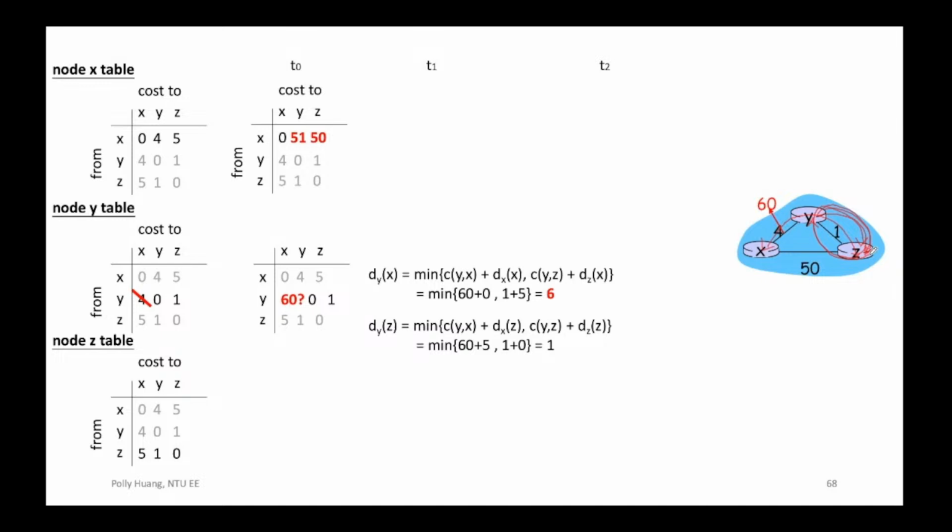Interesting, isn't it? This is actually a very interesting characteristic of distance vector. Before the route actually converges, the packets could potentially be in a routing loop. So 6 here is the new dyx. It's not quite yet the true dyx.